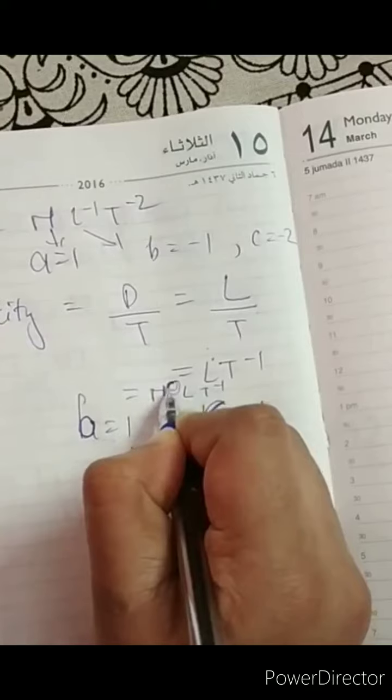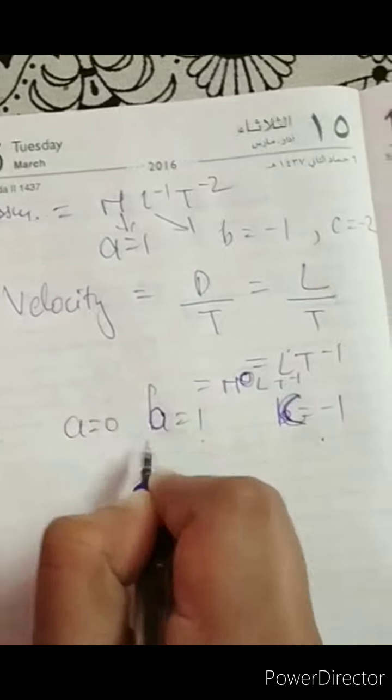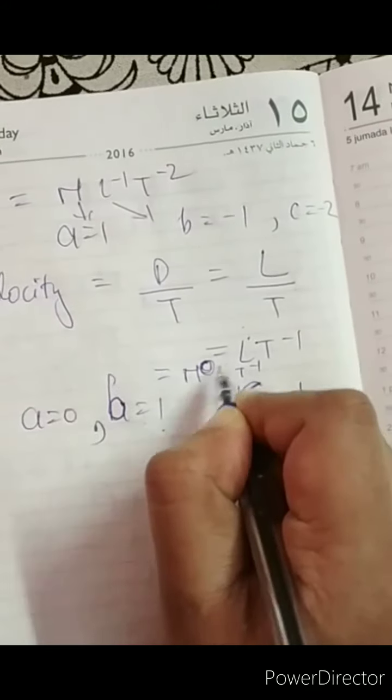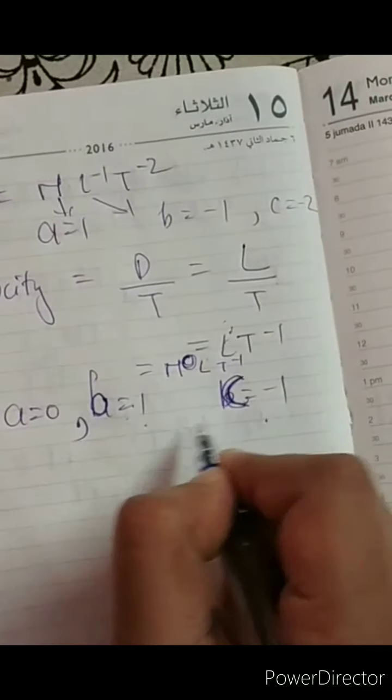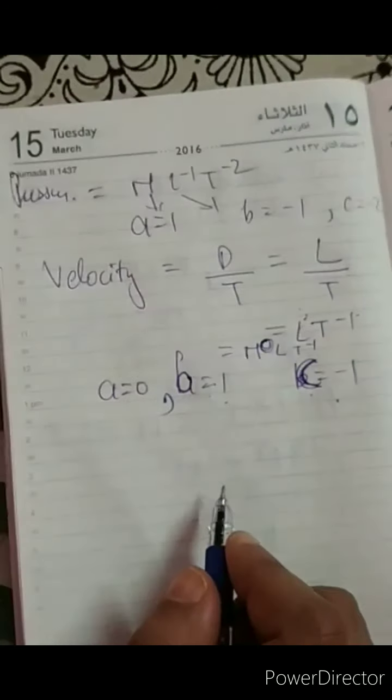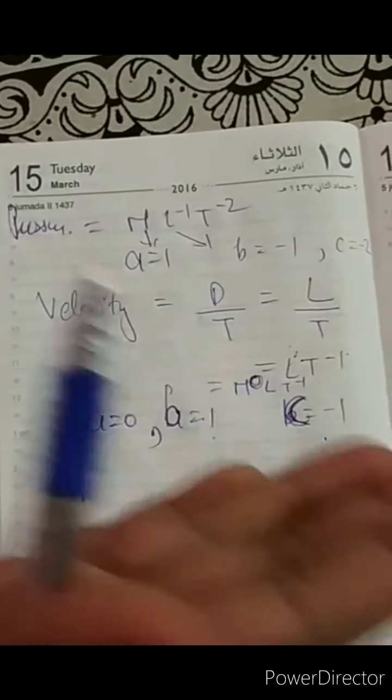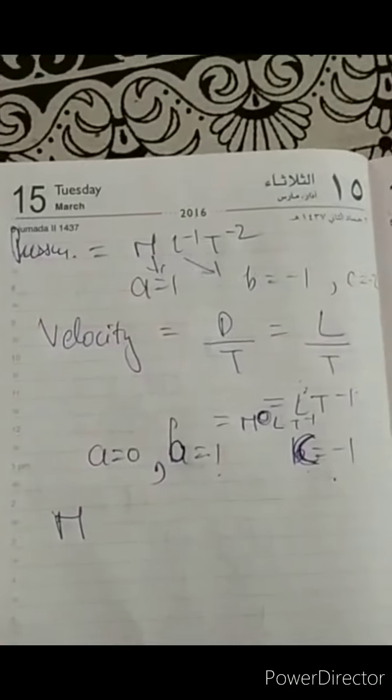So here a equals 0, b is equal to plus 1, L to the power 1, and c is minus 1. Correct?